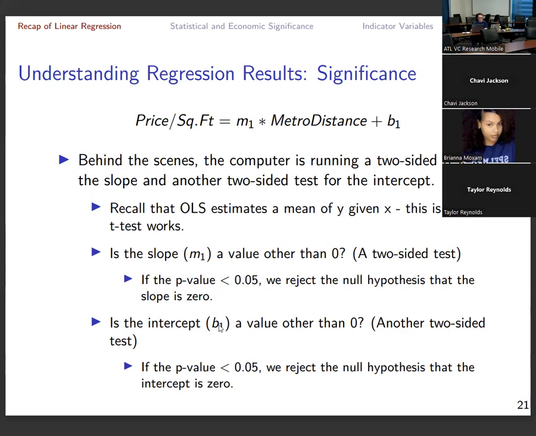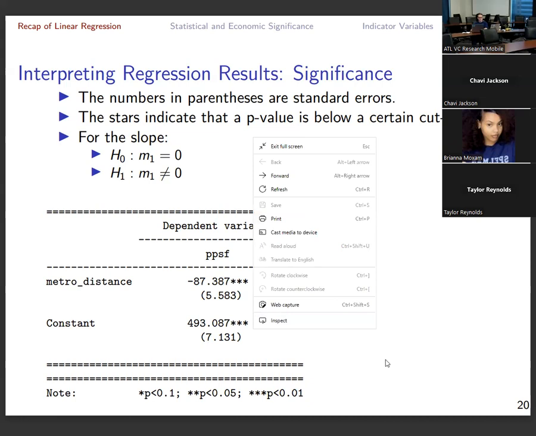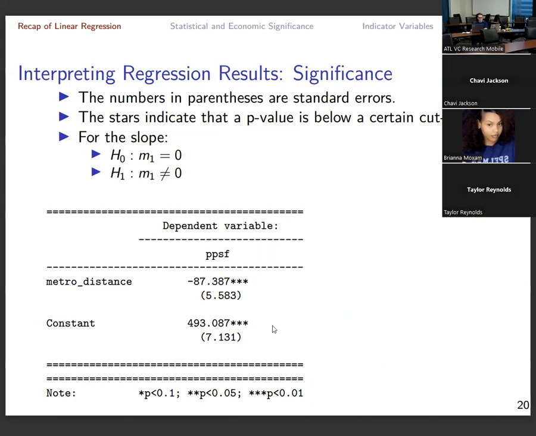Same thing goes with the intercept term, and we see that the intercept too is significantly different from 0. Meaning, in other words, that even a property that's right next to the metro station is going to have a price per square foot that's different from 0. Is that a meaningful hypothesis? Not really. You'd have to compare it to something else, say a house that is a mile away.